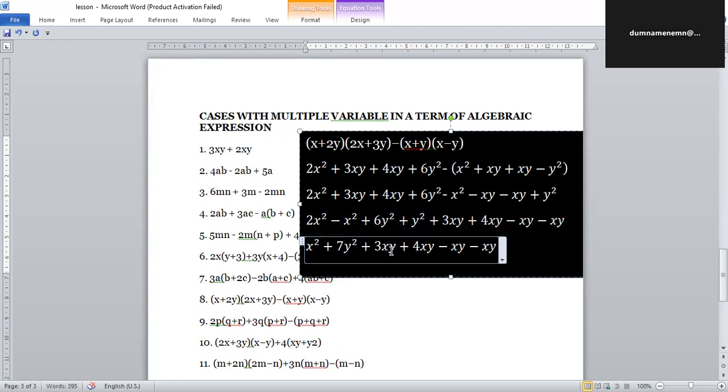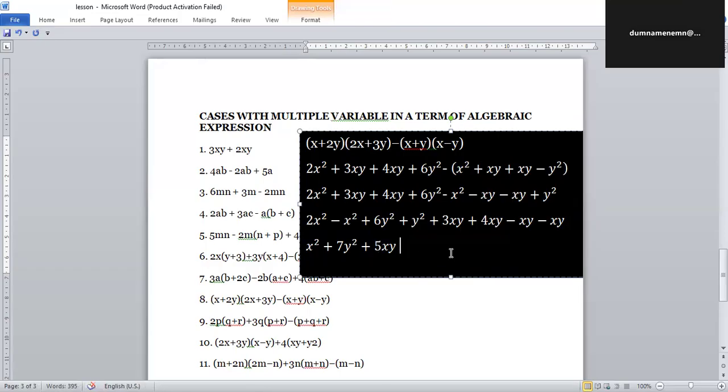So the next one is what? You see, all the variables here, they're actually the same. So we just add and subtract. So 3 plus 4 is 7. 7 minus 1 is 6. Then 6 minus 1, you're going to have 5. So we are having 5xy.